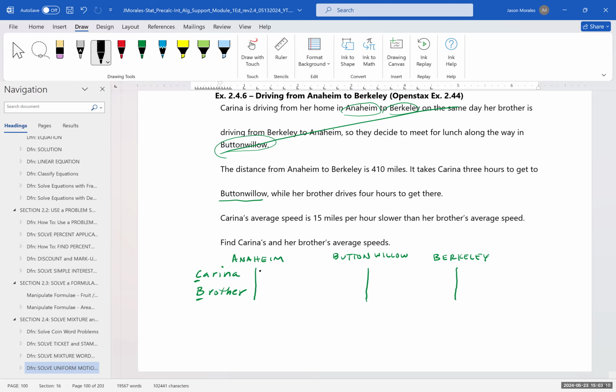Okay, so the distance from Anaheim to Berkeley is 410 miles. So this total distance, let me give myself a little bit more room.